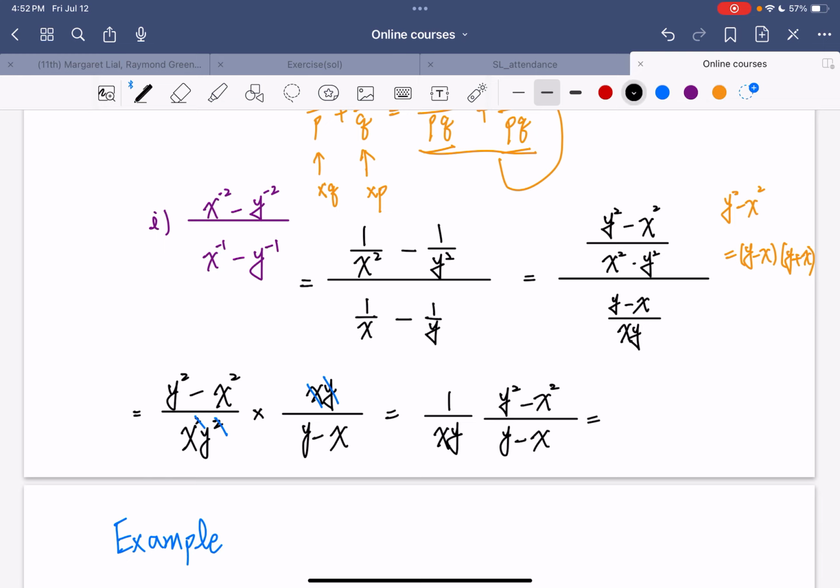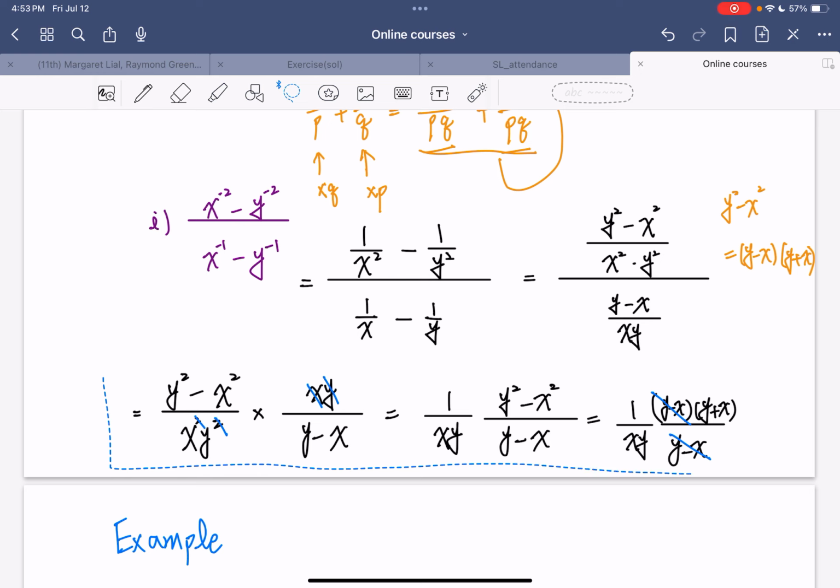Okay, so we write this, and then we write this, y minus x, y plus x, and we got y minus x in the denominator. We can eliminate y minus x.